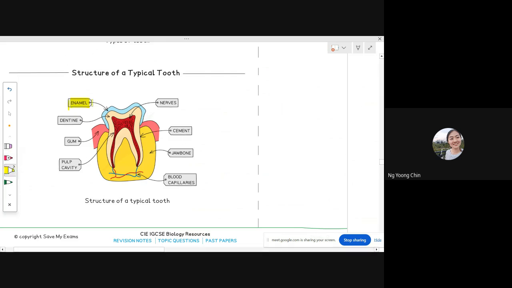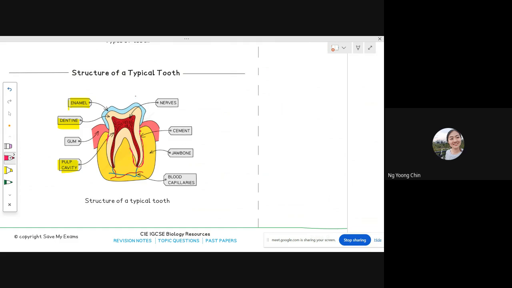And then followed by the inner part, which is the dentine. And then the pulp cavity. Inside the pulp cavity, it contains blood vessels and nerves. This is the pulp cavity, which is an inner space within the tooth. And then it is surrounded by the cement. Here, this is cement.